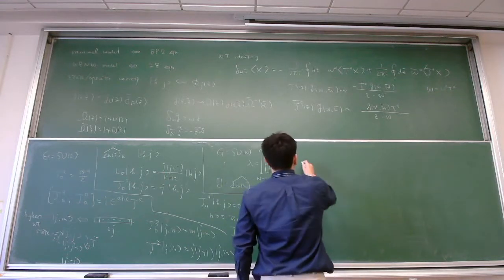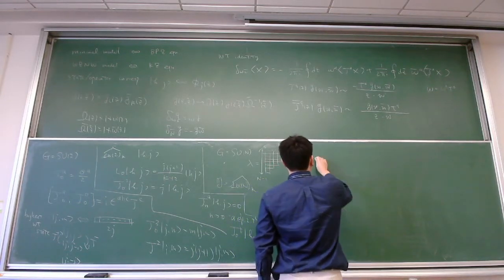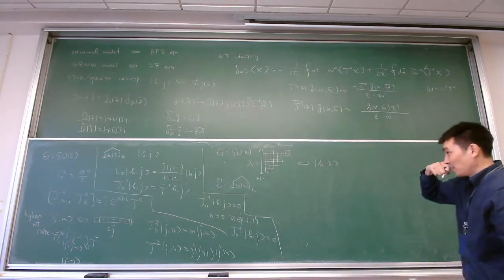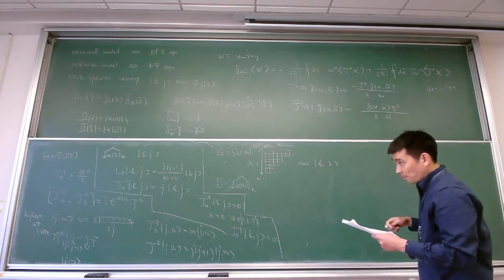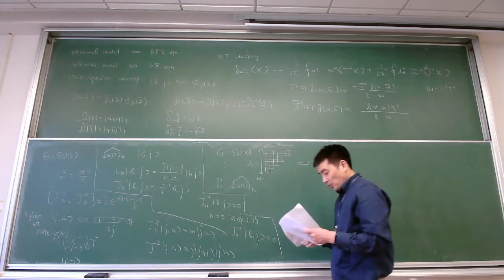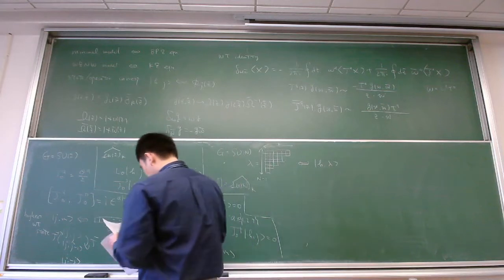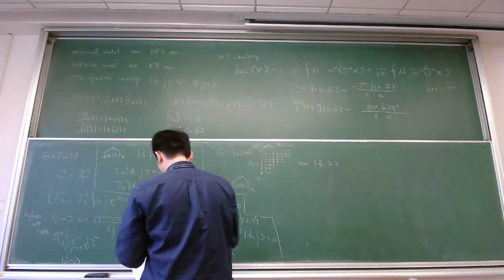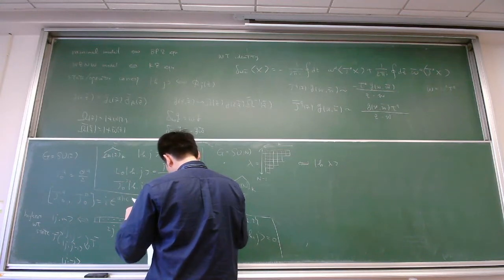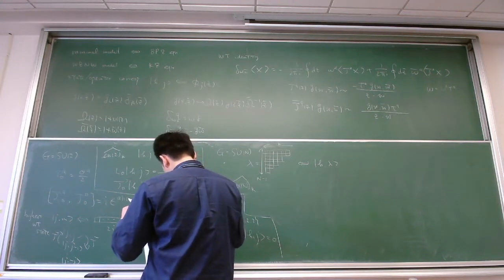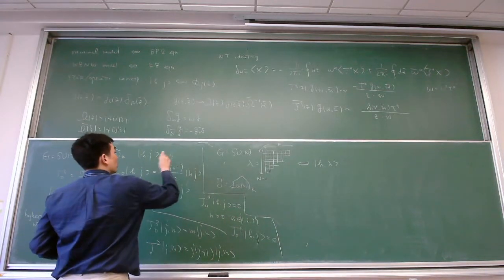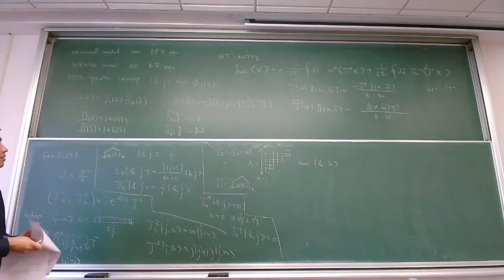Therefore, given the highest weight state, you can have the h lambda. h is of course the conformal dimension. Do I explain what is h? Yes, it's the conformal dimension.